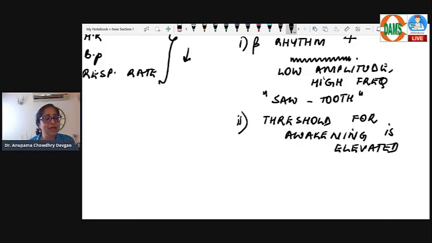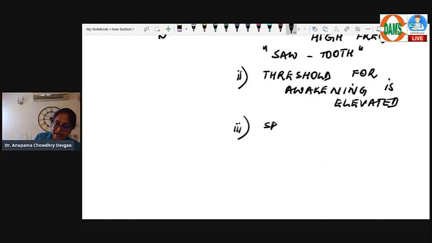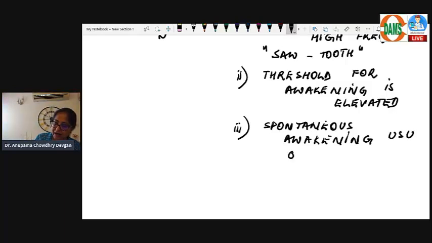You're getting a beta rhythm, but it is difficult to wake up a person in REM sleep. Third paradox is spontaneous awakening. Spontaneous awakening usually occurs in REM sleep.